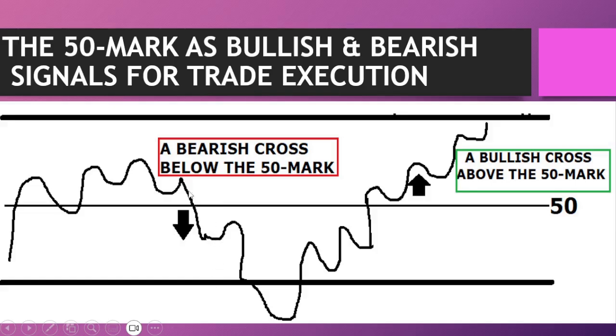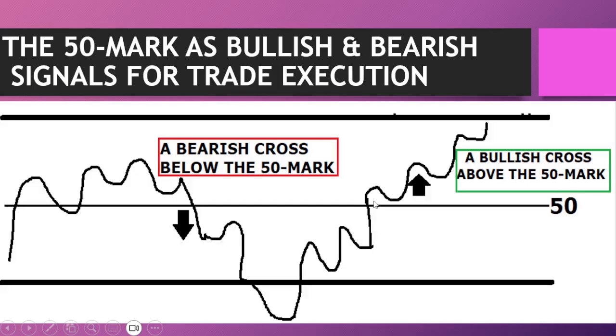In other words, when the MA line of the RSI crosses below the 50 mark of the RSI and stays between the 50 mark and the 30 mark line, which is below, we have a suitable signal for a bearish trade execution.